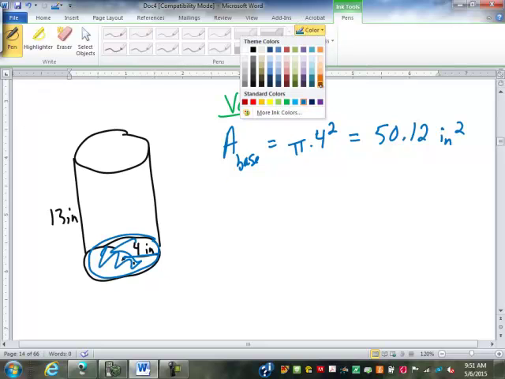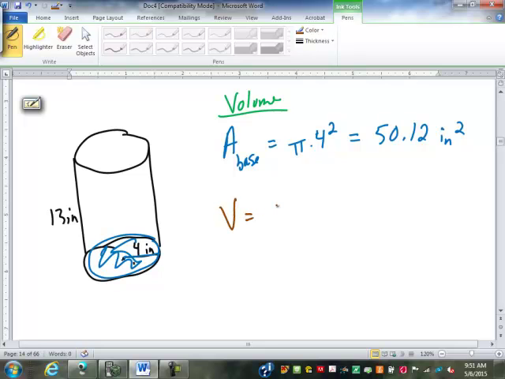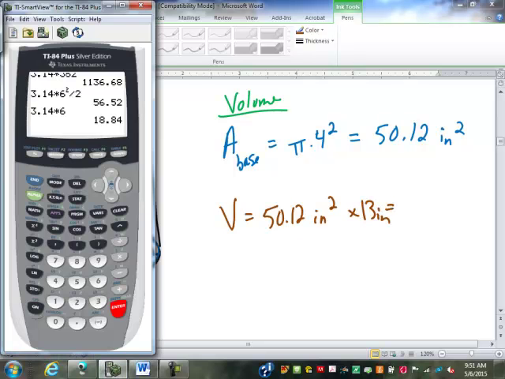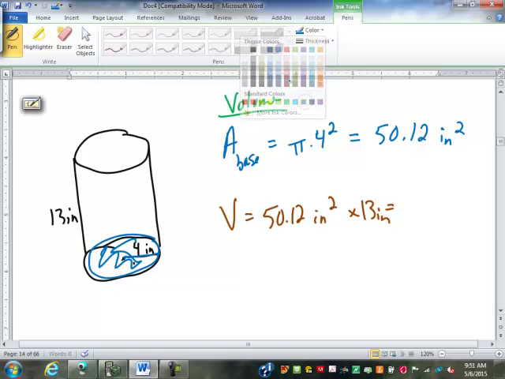So then you got it. The volume then is the area of that base times that height of 13. I said 50.12. It's 50.24, isn't it? I rounded wrong. Hold on. Sorry about that. It should be 50.24. Yep.